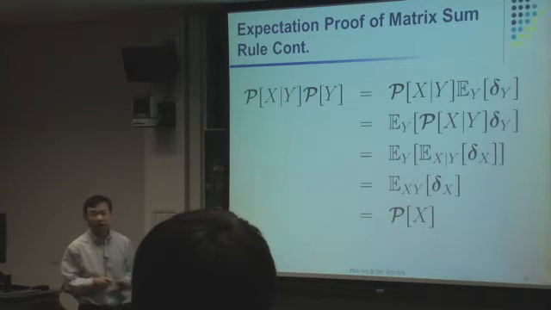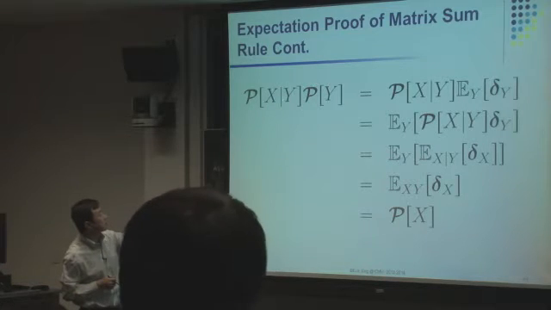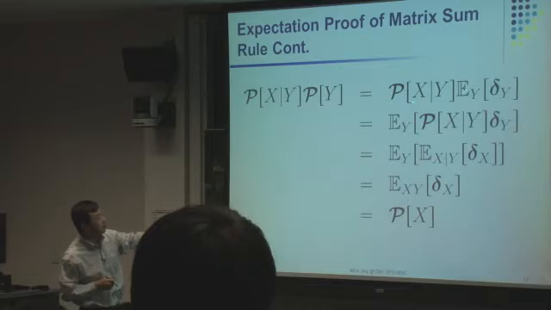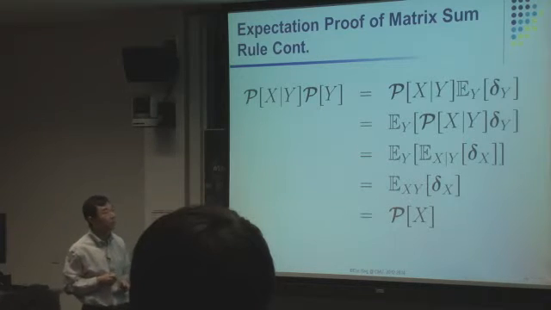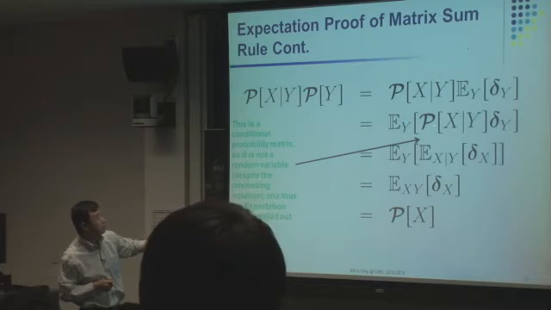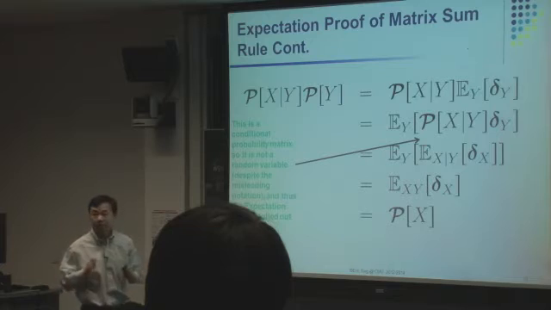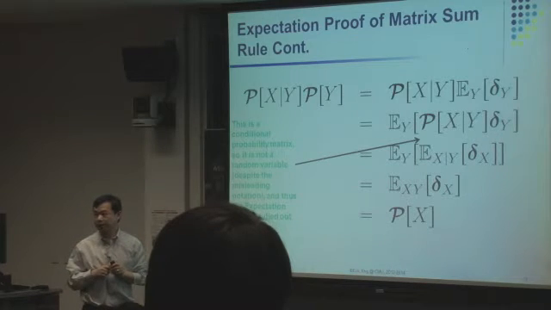And the proof of the correctness of the chain rule in the matrix form is very, very straightforward. Just bring in our definition of p of x given y and p of y. So we wrote down here, and here the p of y is now expressed as expectation over the indicator vectors of y. And I have a few steps going on. So for example, in here, I'm going to take the y out because, well, there is some notational confusion here.